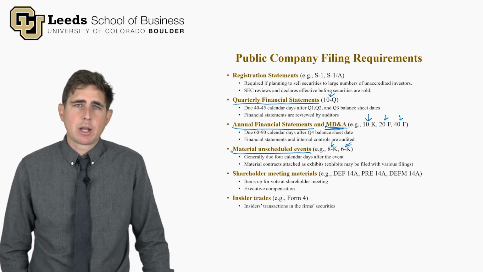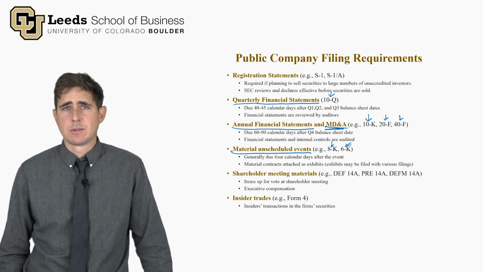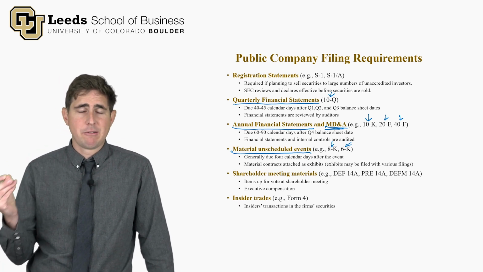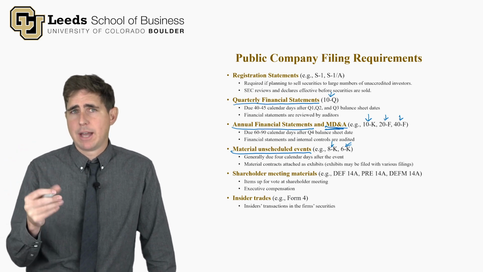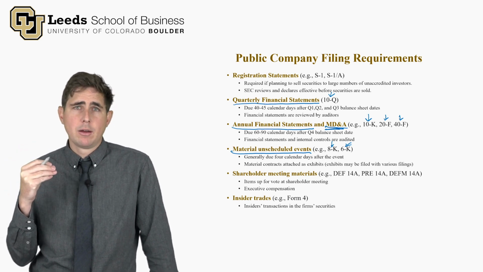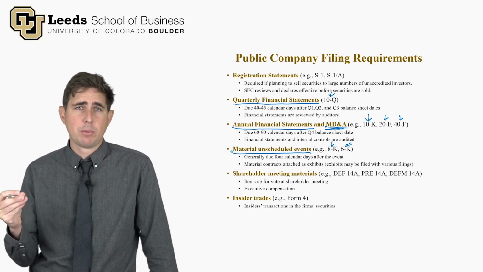And then every year, public companies are required to have shareholder meetings where shareholders vote on key issues. Is our executive compensation fair and appropriate? Should we engage in certain merger activities? Are we being responsible in terms of the environment and our employees?